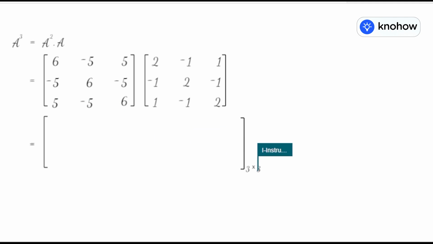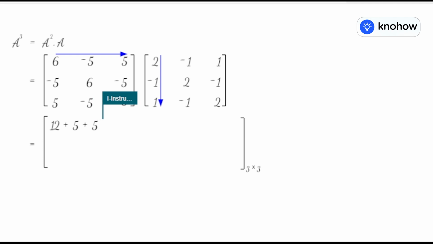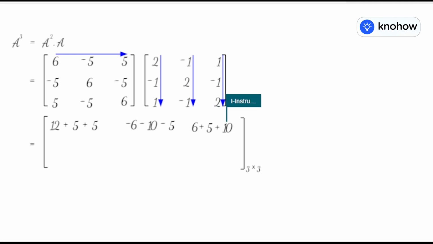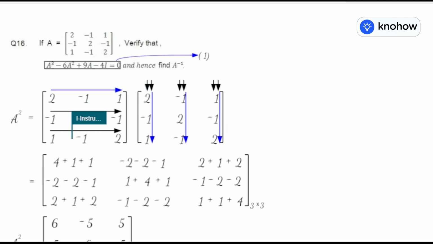By now you know very well how to multiply. Multiply the elements of first row with the first column. You get 12 plus 5 plus 5. Repeat the process with the second column. You get negative 6, negative 10, negative 5. And then with the third column, you get 6 plus 5 plus 10. Then you multiply the second row with the first column, second column, third column, and you get negative 10, negative 6, negative 5, and so on.